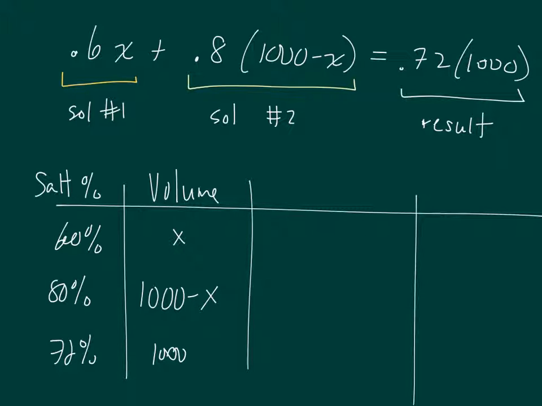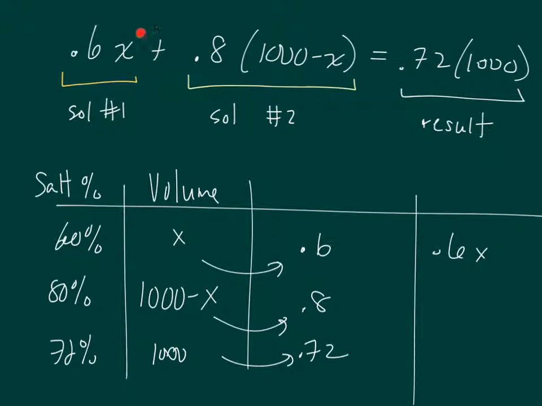Now, if we take the actual salt percentage and convert it to an actual decimal, we don't have to make a new chart column for this, but I've done that in the past. And then we multiply these two quantities together every time. That's what we're getting up here. We're getting 0.6x, that's coming from here. That's this part of the equation right here.